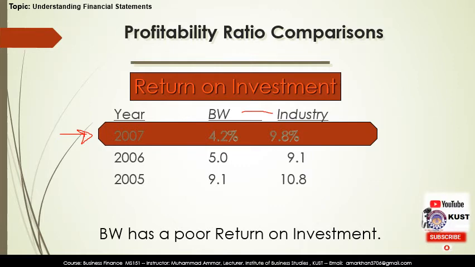So again there is a huge difference between 4.2 and 9.8. So Basket Vendor has a poor return on investment.